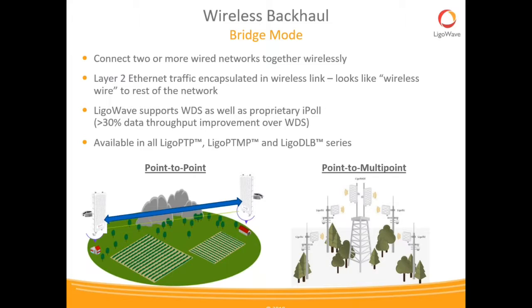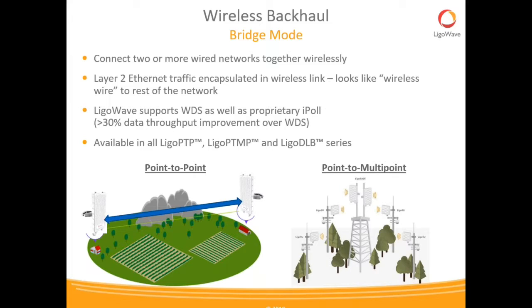What's happening here is basically I have an Ethernet frame, say, coming from the camera. It's coming out its Ethernet port, so it's a standard layer 2 Ethernet frame. It goes into the radio, which encapsulates that entire Ethernet frame into a wireless frame. It then encrypts it and pushes the wireless frame across the link to the other side.